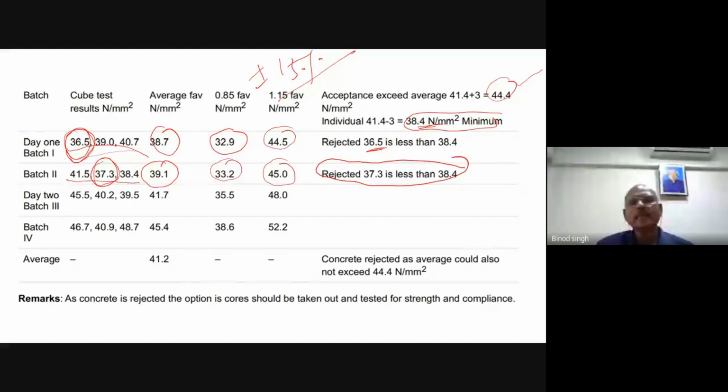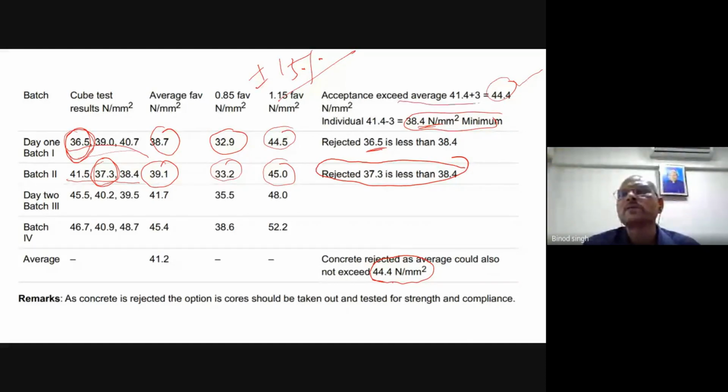So like this, we have to complete. So here if you take the average of all these 4, it is coming 41.4, but concrete is rejected as the average could also not exceed 44.4. 44.4 you are not getting.